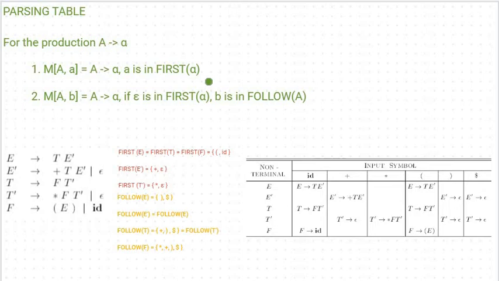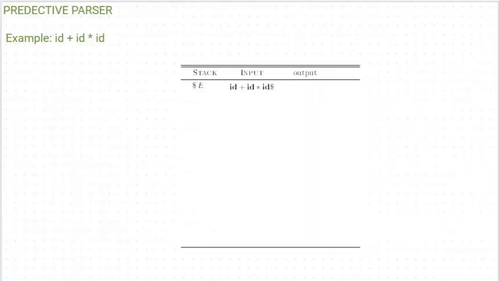If you want to relate with the parsing tree, we'll be starting with a root node and we'll be ending with a leaf node. Is it okay? Fine, so let us proceed further. The predictive parser will be validating the given input string by using the parsing table.